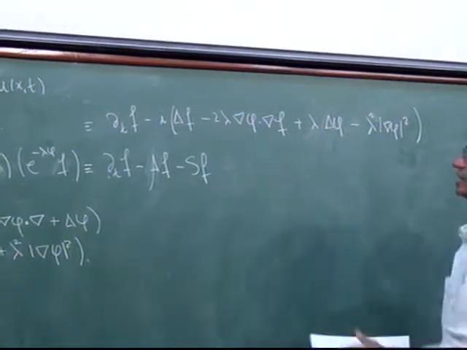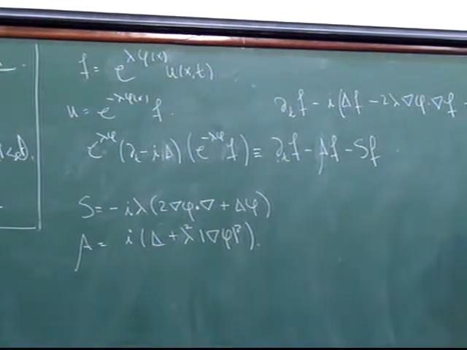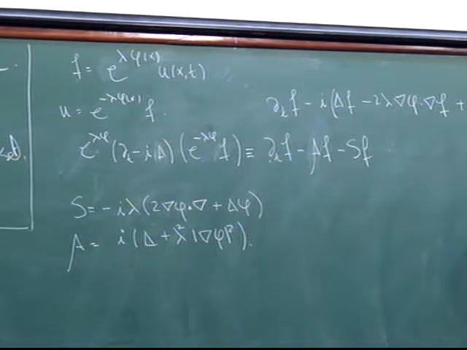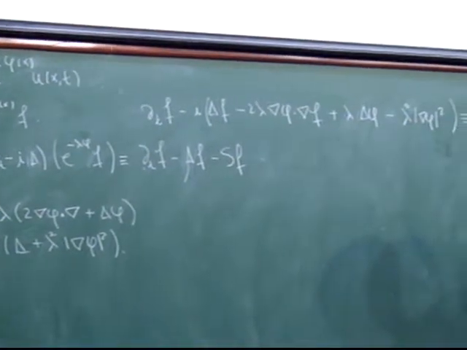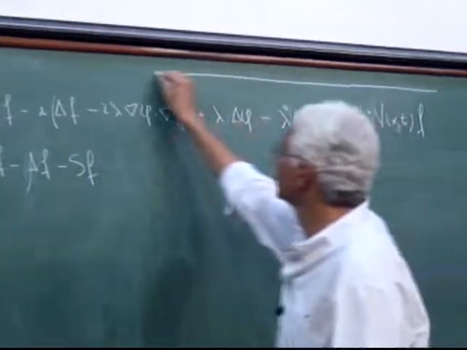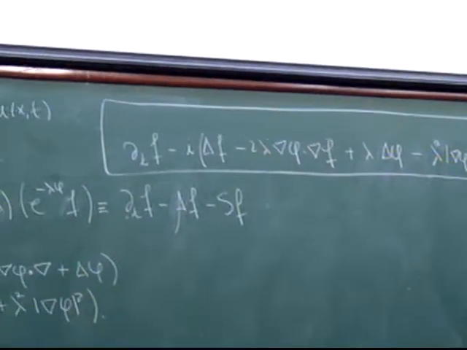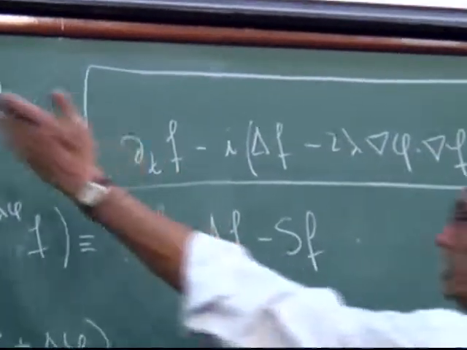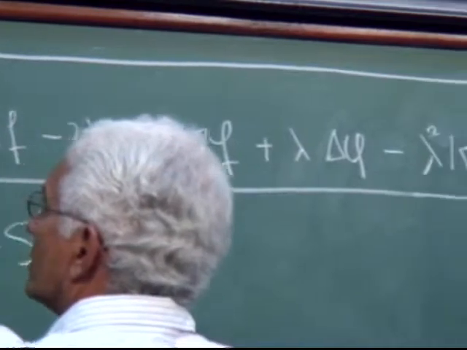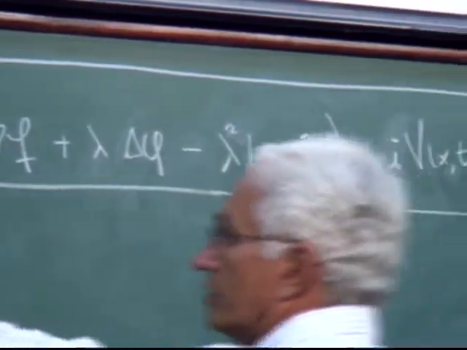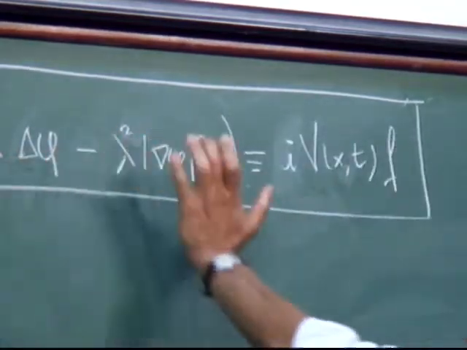What is the equation that this function satisfies? It satisfies this one. You change variable u by f, and this new function f satisfies this equation because the Laplacian of this gives you terms, this one, and this one.